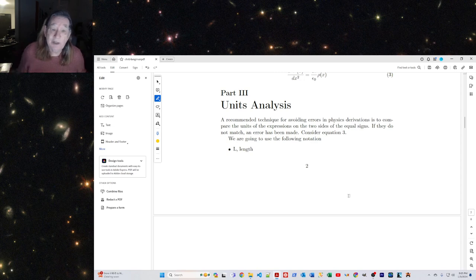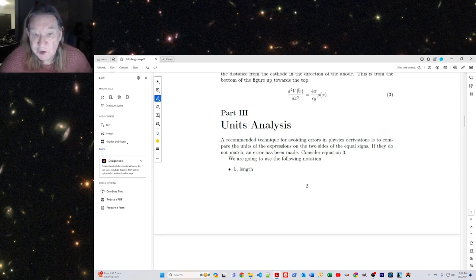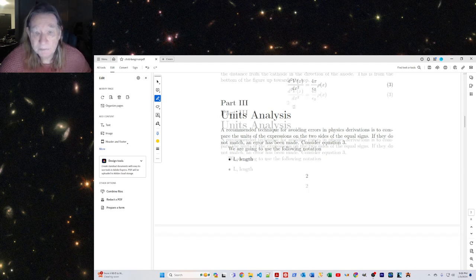Now I want to talk about units analysis. A fundamental technique for avoiding errors in physics derivation is to compare the units of the expressions on the left side of the equal sign with the units on the right side. If they don't match, you've made a mistake. So we're going to look at equation 3 as an example.